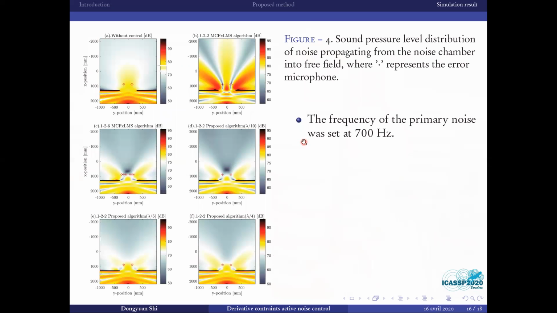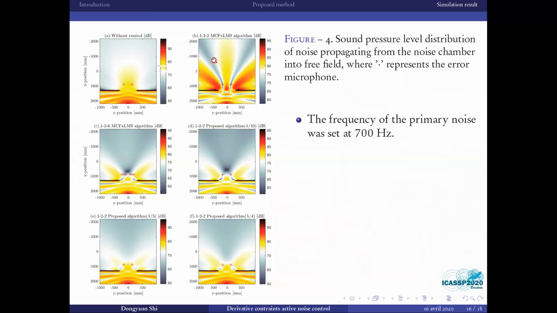In the simulation, the frequency of the primary noise is set at 700 Hz. Figure 4 shows the sound pressure level distribution of noise propagating from the noise chamber into the free field, where the red marker denotes the position of the error microphone. Figure A shows the case without control.